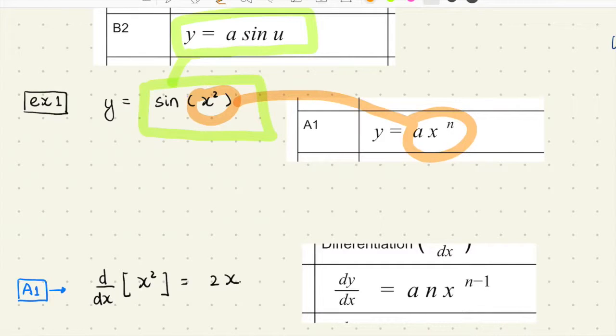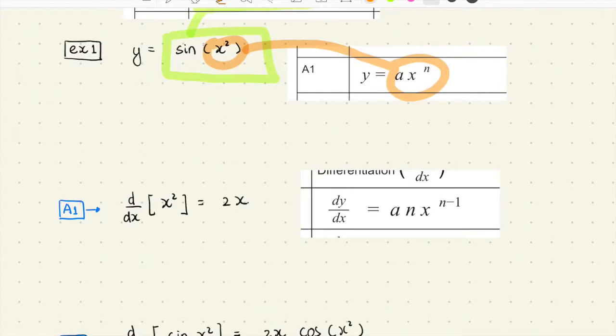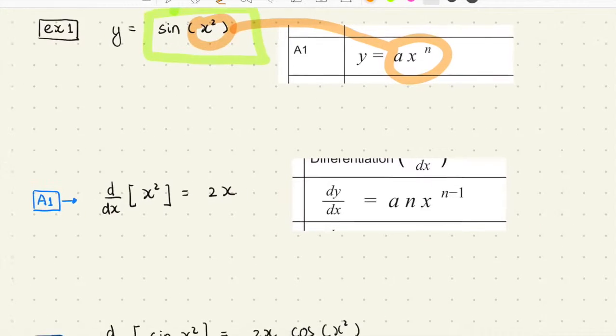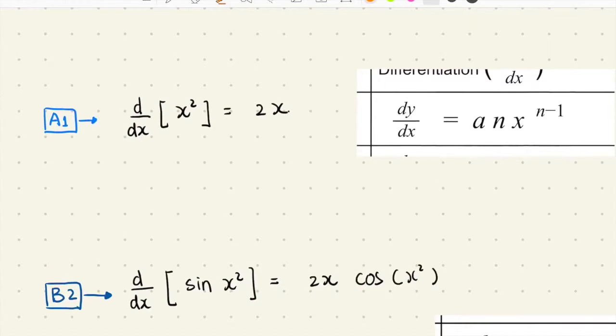So we apply two formulas, B2 first, then after that we use formula A1. But when we do the working, you see here, I apply formula A1 first. So we differentiate the x squared first.